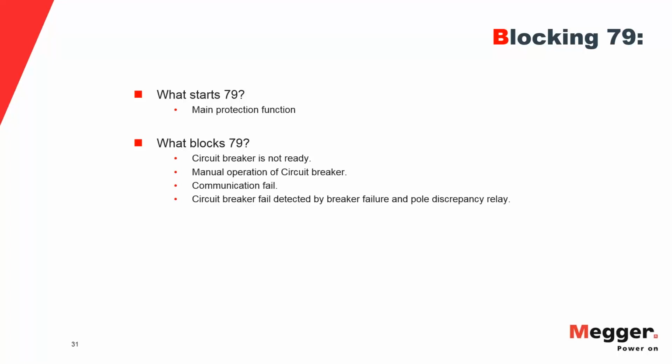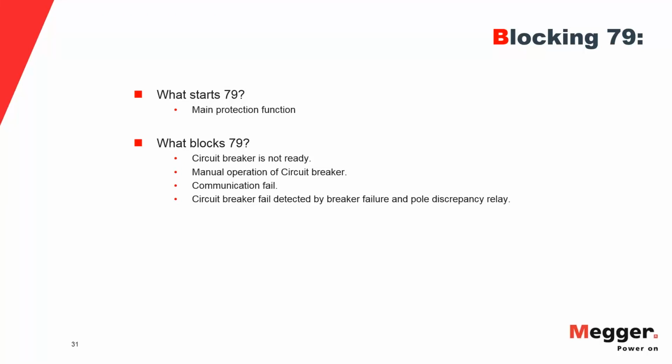You don't want some automation reclosing the circuit while you're working on it. That's why you need to have the ability to block the 79 whenever you're doing operations on the breaker or on the circuit.